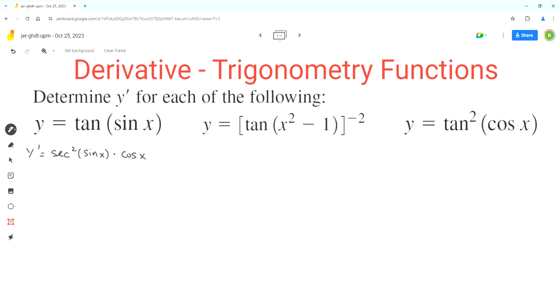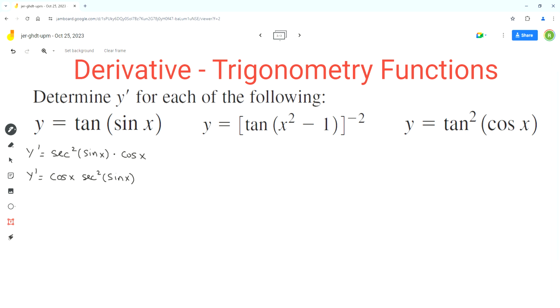Now we can rearrange the terms. So this should be the derivative of the first function.